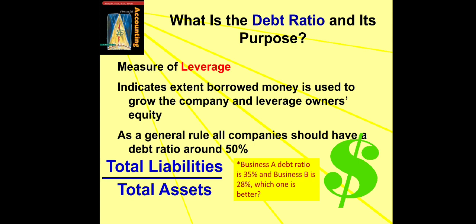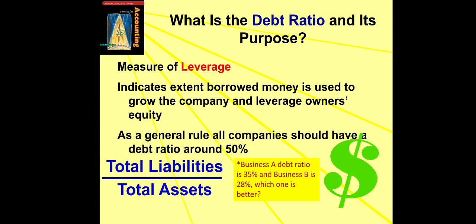So if you want to calculate the debt ratio, you have to find these two data in the balance sheet. In the balance sheet, you will see the total liabilities for a business, and you also can see the total assets for a business.